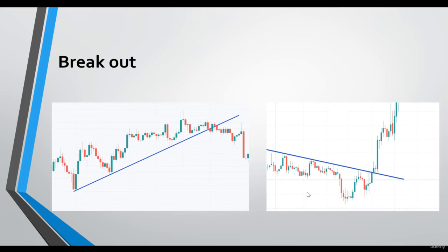After every touch to this line, we had a change to bearish, but finally at this point, we can see that we have a breakout. So the price could break it out and change the trend to bullish. What you can see here is called pullback.